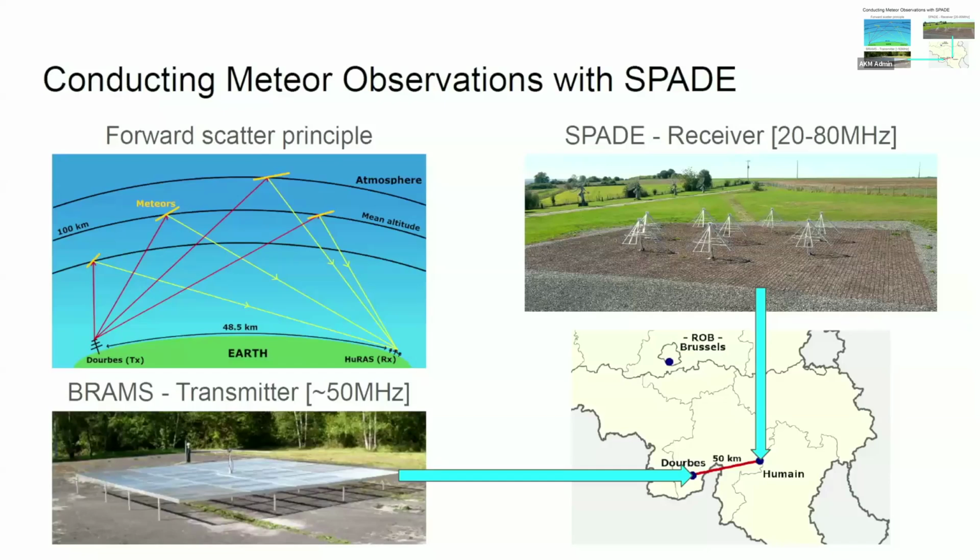So for this, we use as the beacon the BRAMS, the Belgian Radio Meteor Station transmitter that transmits around 50 megahertz, and we catch it with SPADE because SPADE frequency range goes from 20 to 80 megahertz, and the distance between them is around 50 kilometers, so that's enough to use a forward scatter.